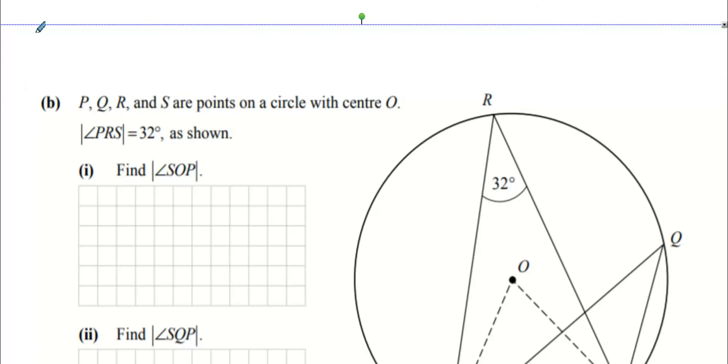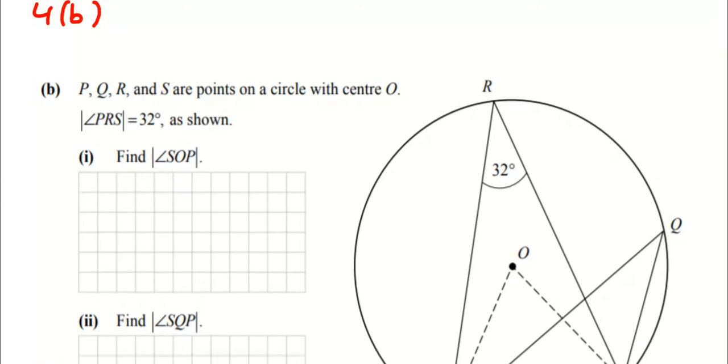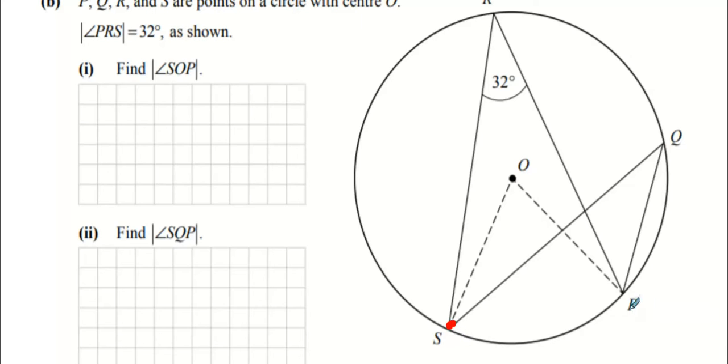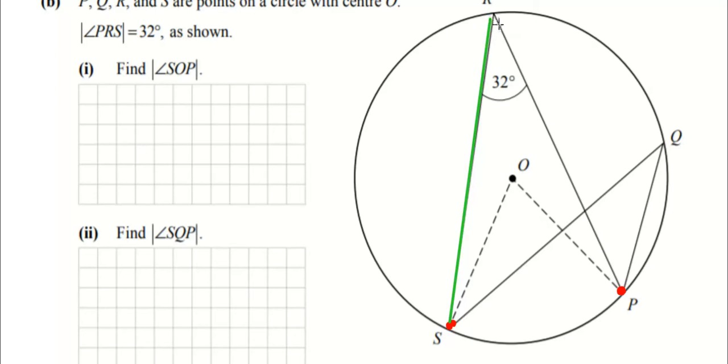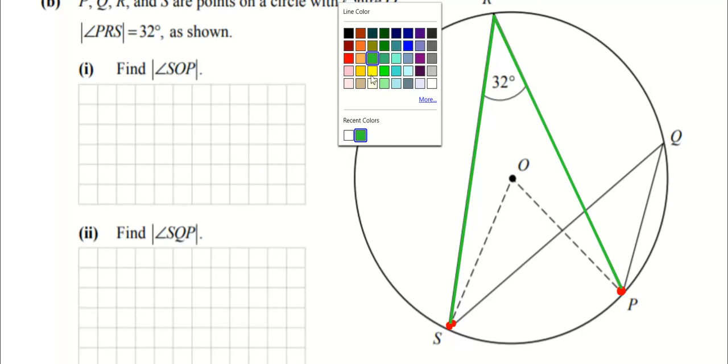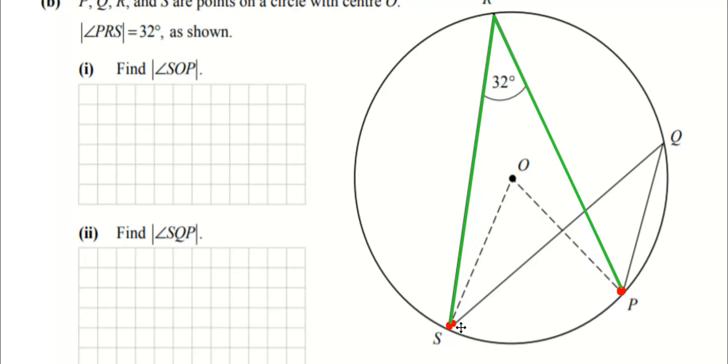Now this is actually 4b, question 4b, so I did question 2, now I'm doing 4b. Now remember, you gotta find the angle SOP. Now they're standing on the same arc, so if you look at this one here, the green one, this green arc here is standing on S and P and the circle itself, and then you also need the S to O to P is also standing on the same arc.